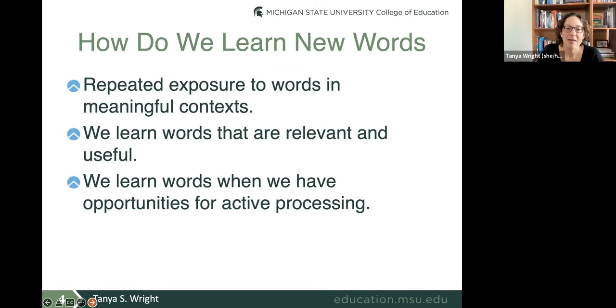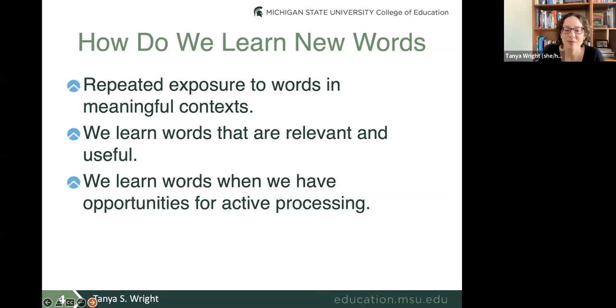I mean that we hear or use or engage with words multiple times, and by meaningful contexts, that we get some meaning information about those words, or we connect those words to ideas, to concepts that we're learning.